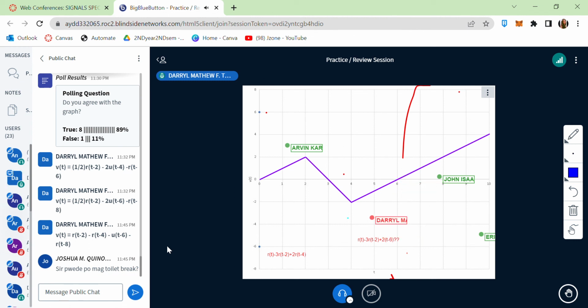So, kung yung change in t niya from here, yung change in v niya is 2 for a step of 2, ano yung slope starting from t equals 4 going to t equals 6?